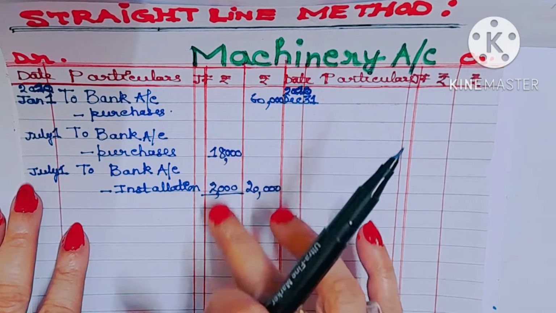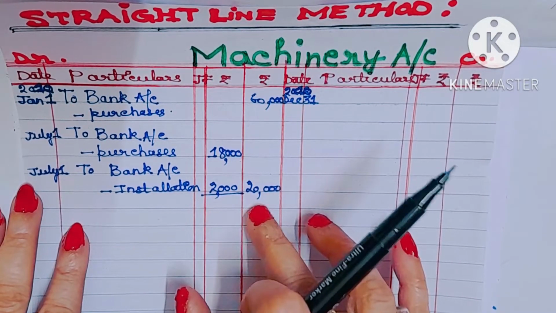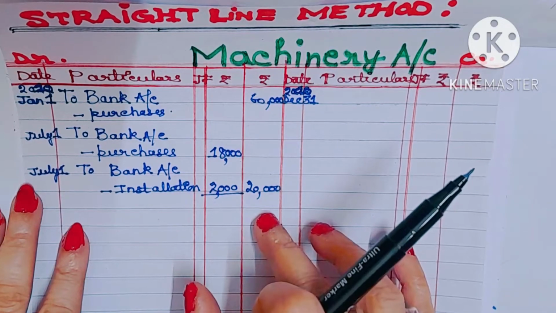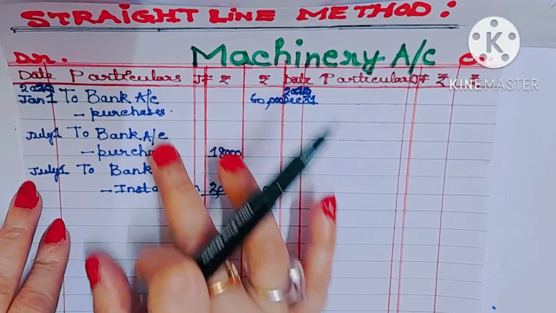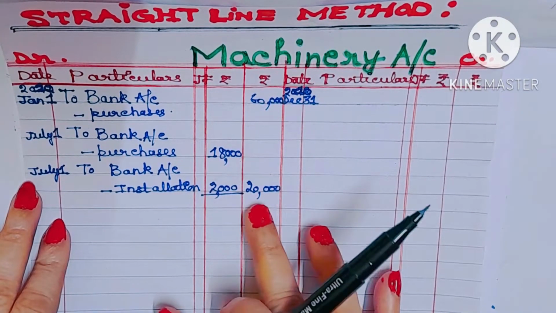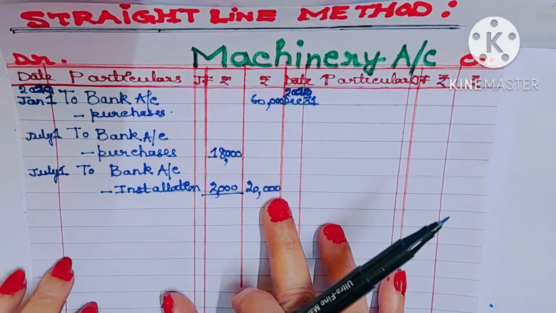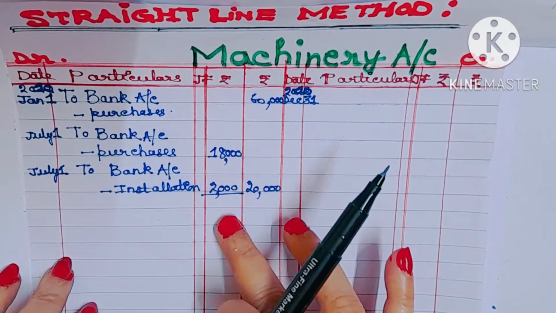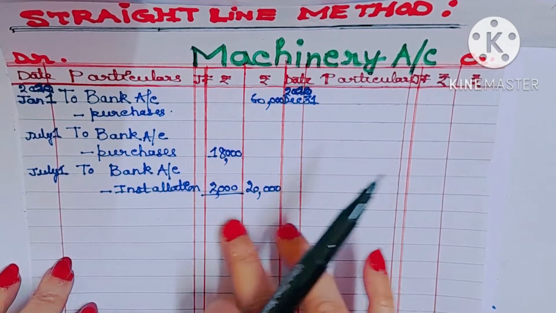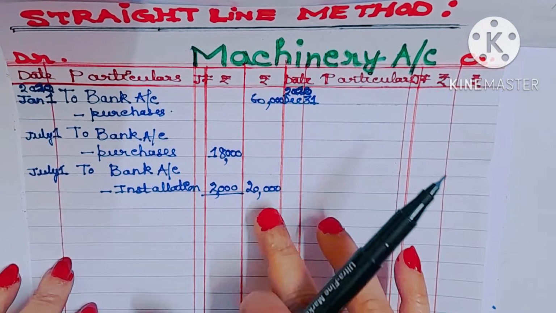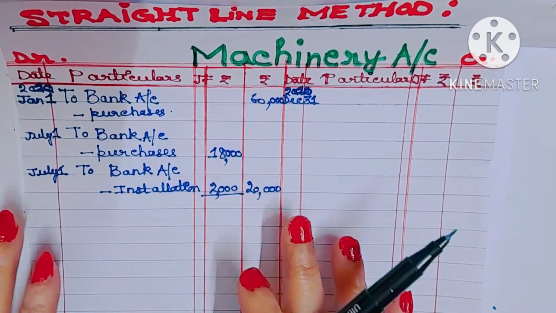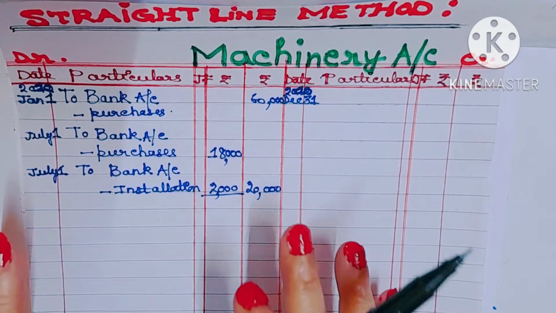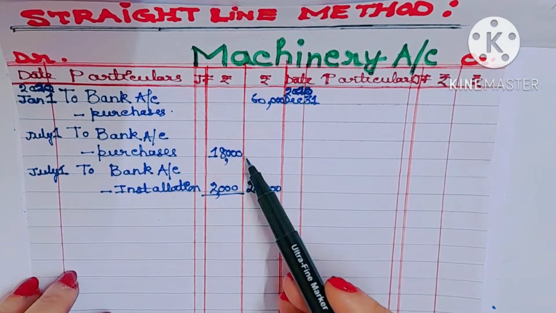দুটোকে add করার পরে we have written 20,000 in the outer column because the cost of the first machinery is 60,000 and the cost of the second machinery is 20,000. Please remember, you have to write the total cost of the machinery. You cannot write 18,000 instead of 20,000 because 18,000 is incomplete. You always have to write the total cost of the asset. So 18,000 plus 2,000.